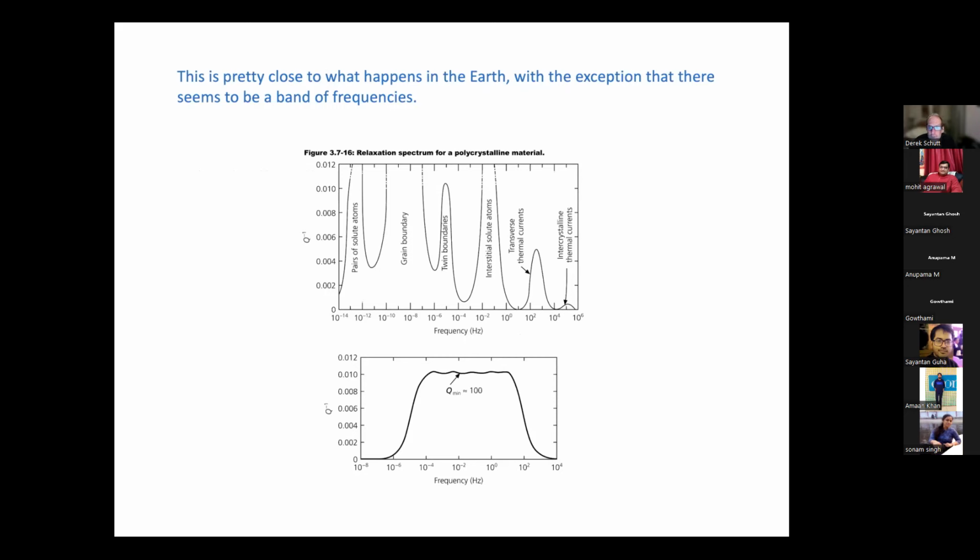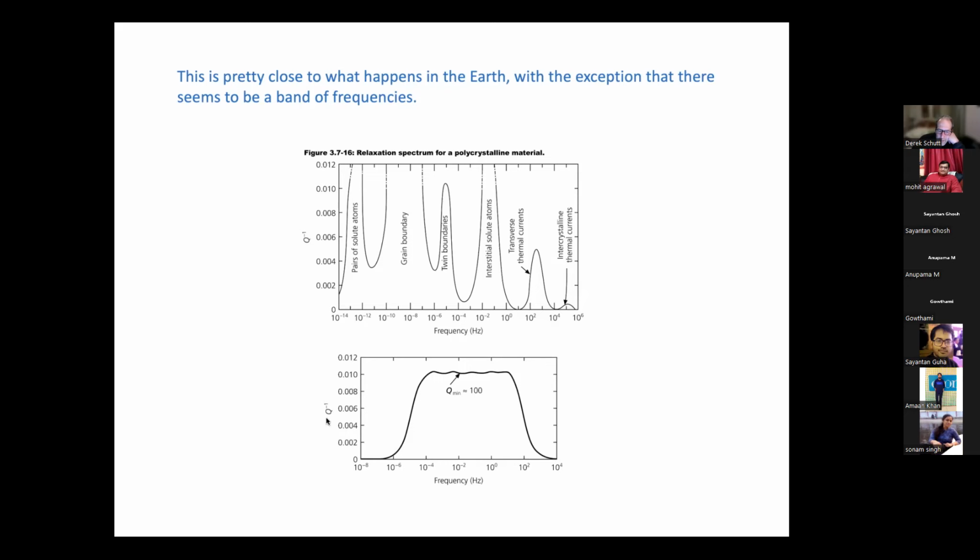This is pretty close to what happens in the Earth, with the exception there seems to be a band of frequencies. So if I measure attenuation as a function of frequency, what we typically see is, from seismic waves of 10 to the minus 5 to 100 hertz, a sort of flat area of low Q and then higher Q on either side.